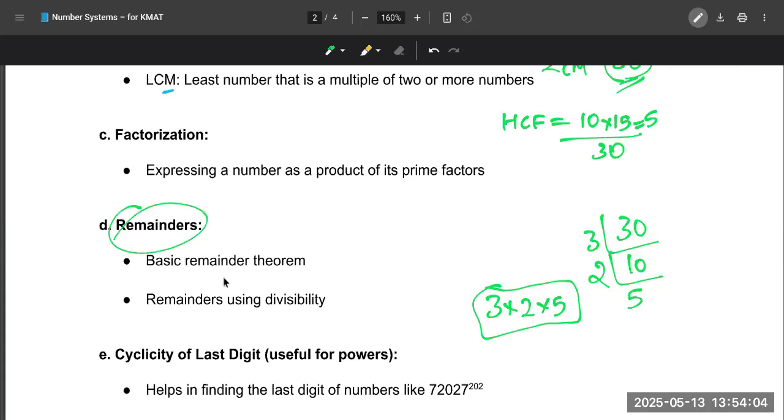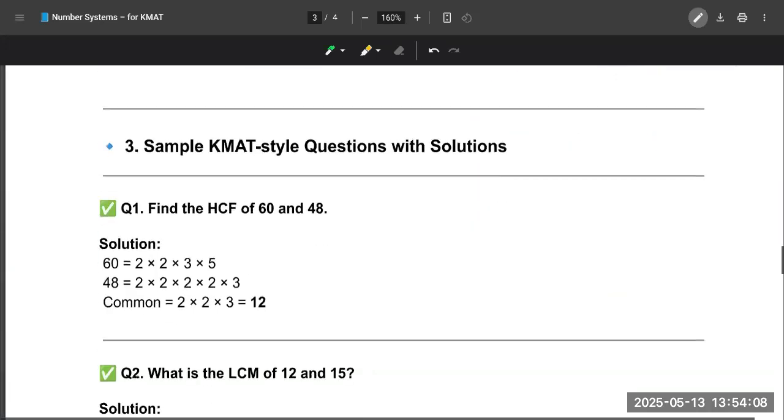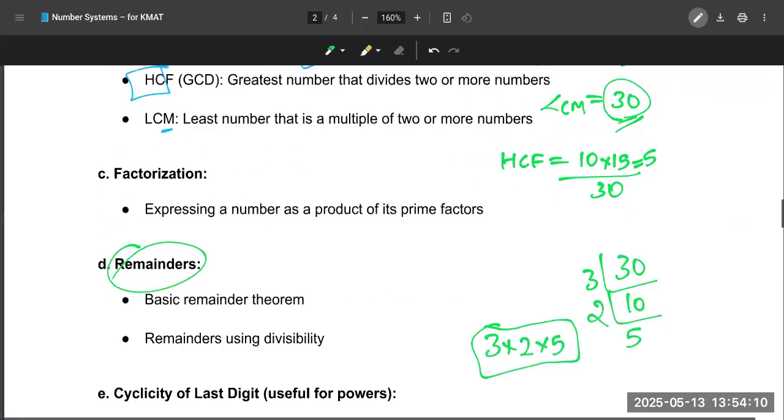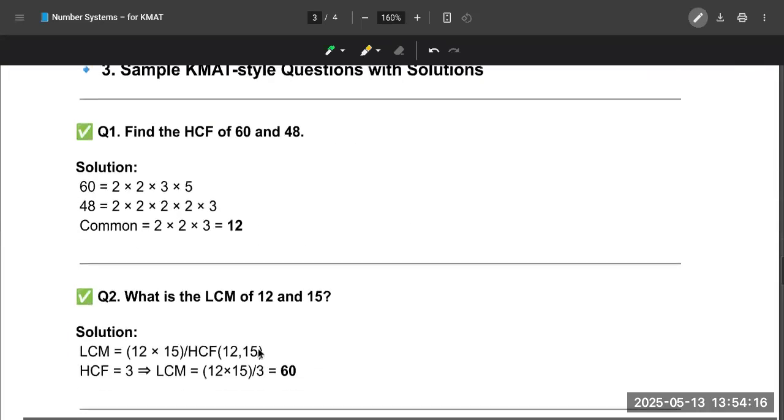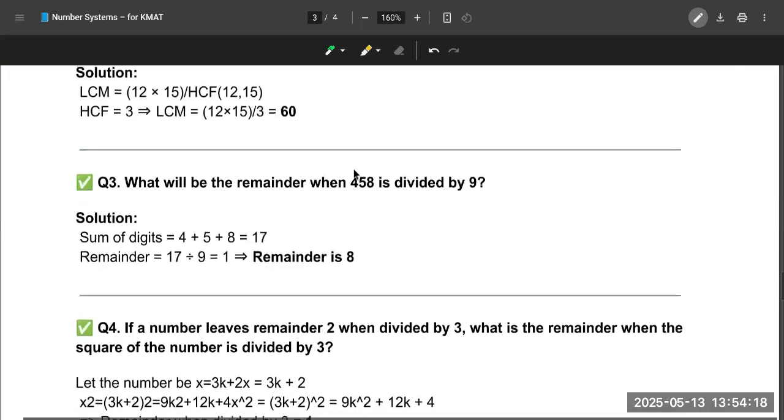How to find remainders? They'll ask questions where they'll give a number and a divisor, and then they'll tell you to find the remainder.